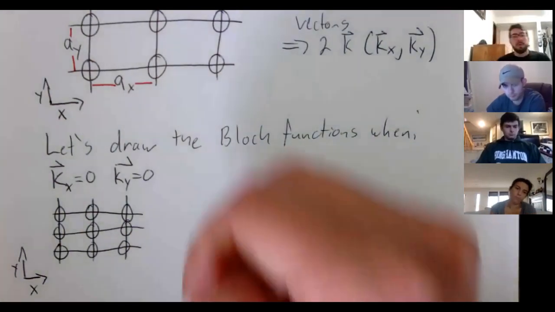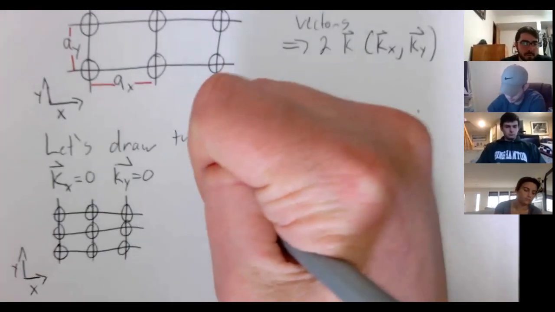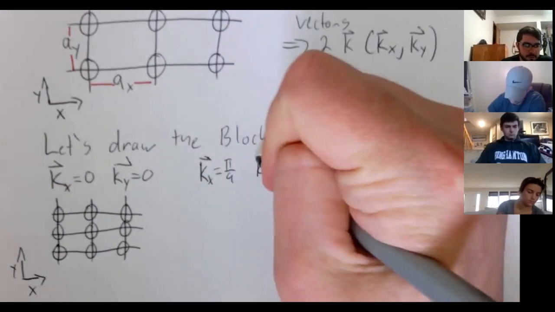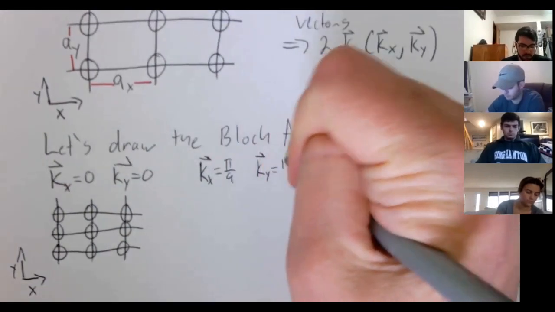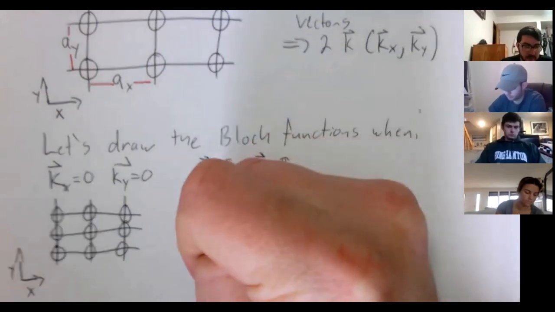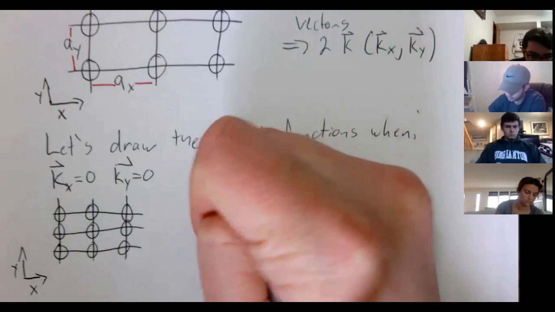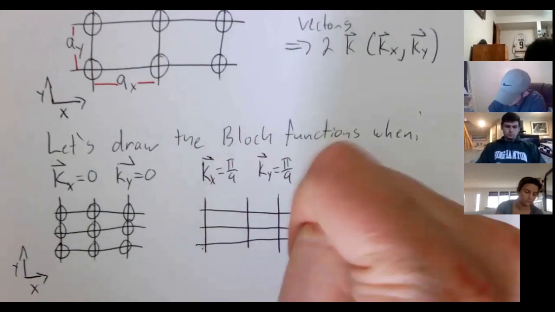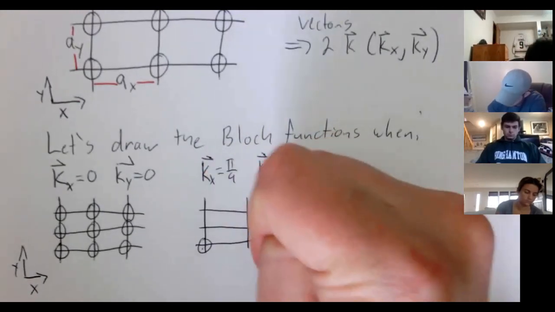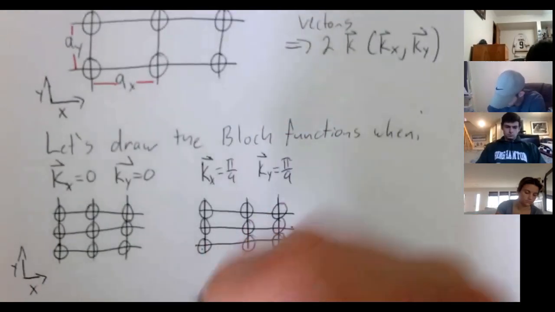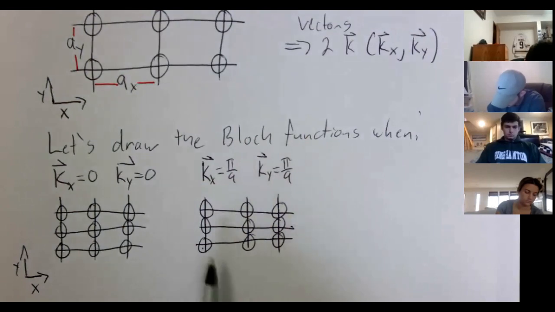Let's look at an example when kx is equal to pi over a and ky is equal to pi over a. All right.